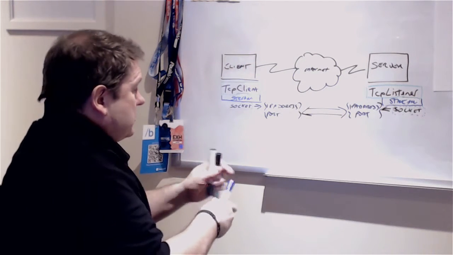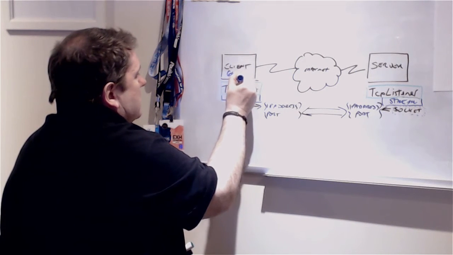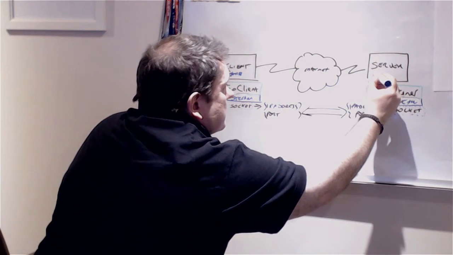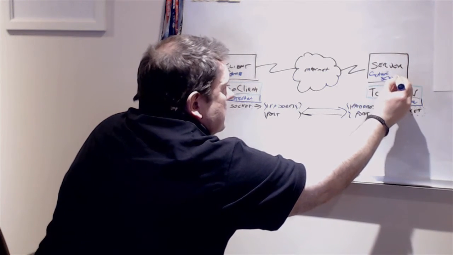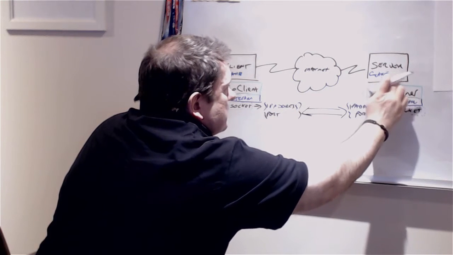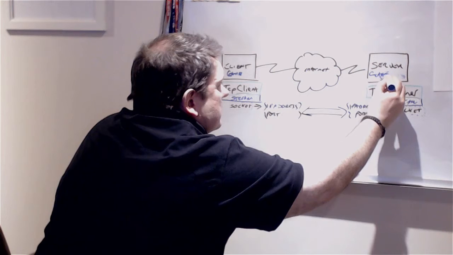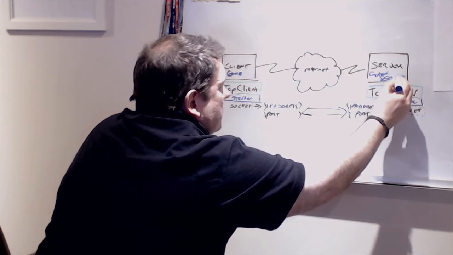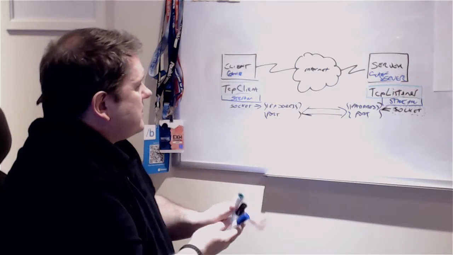Our client is our game code. So this is our game, and this is our game server. I can't write these things out here. Server. There we go. So this is our game over here, this is our server.